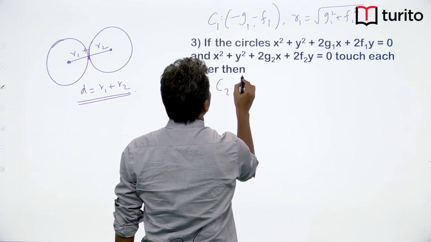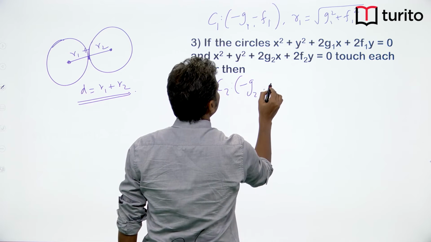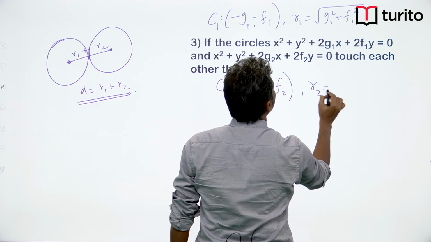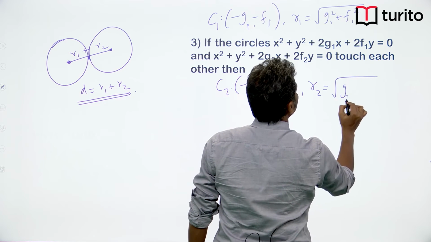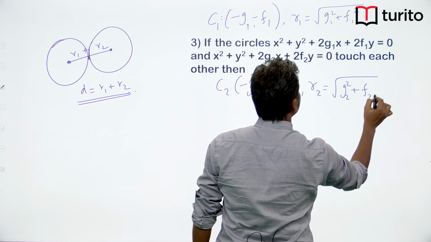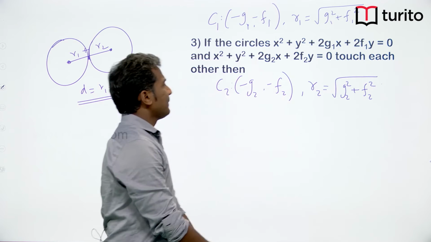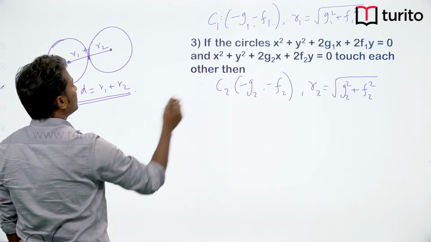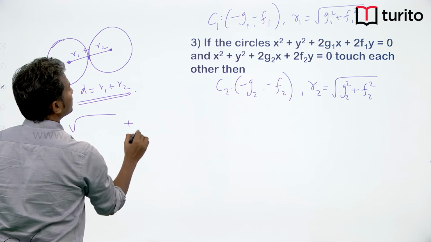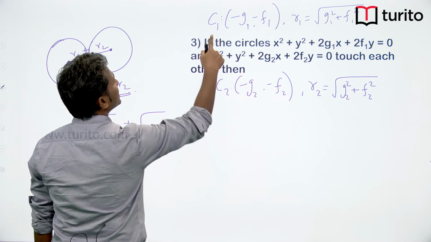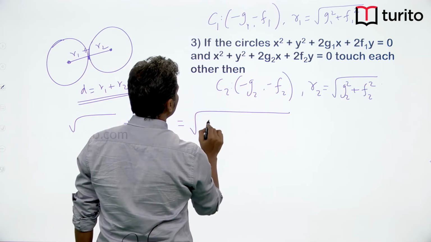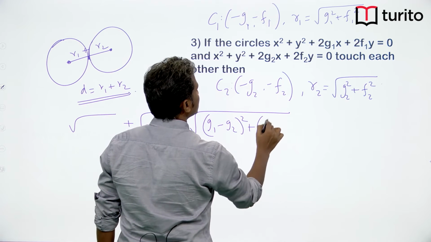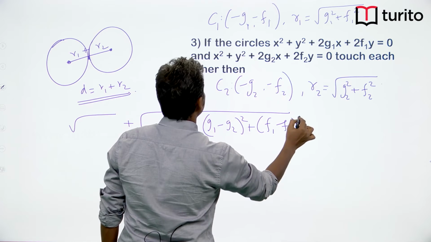Similarly, center 2 will be minus G2 comma minus F2, and radius 2 will be root of G2 square plus F2 square. Now, when we apply this, we will get a relation like R1 plus R2, that means root of something plus root of something equal to the distance between these two, which is root of G1 minus G2 whole square plus F1 minus F2 whole square.